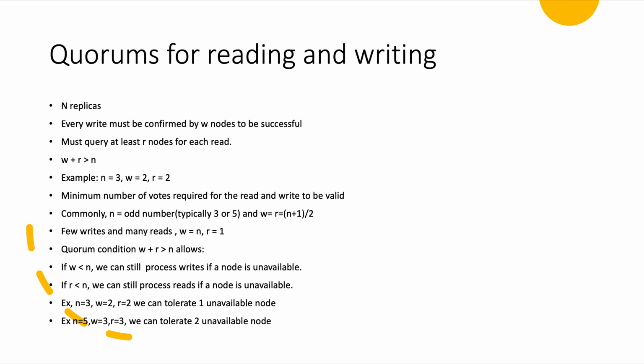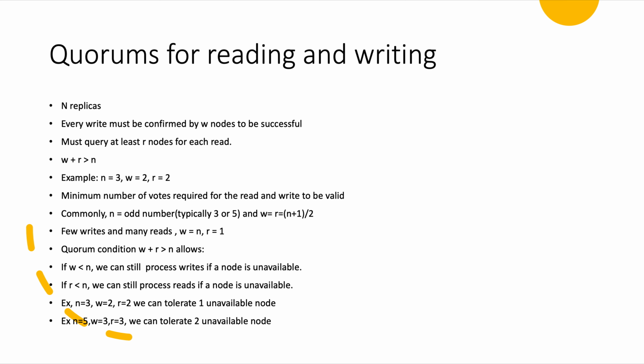If we take an example where there are n replicas and W and R are equal to 2, that means we need at least 2 nodes for the write to be successful and 2 nodes for the read to give an actual valid response. These W and R are also called quorum reads and writes, and they are the minimum number of votes required for the read and write to be valid.